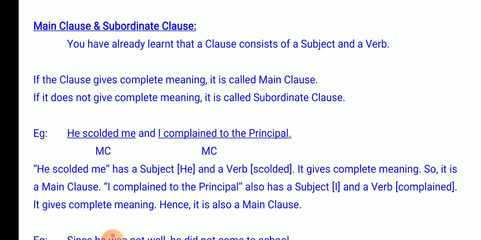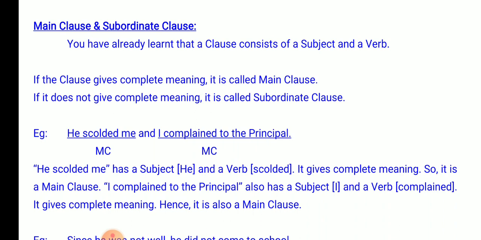Here, there is a subject he and there is a verb scolded. The part he scolded me gives complete meaning. It has a subject and a verb. Therefore, it is called a main clause.